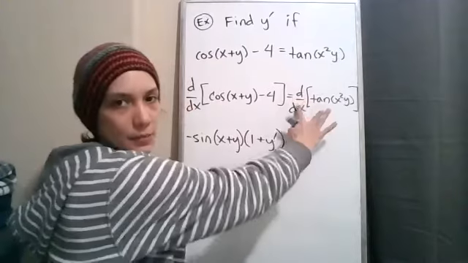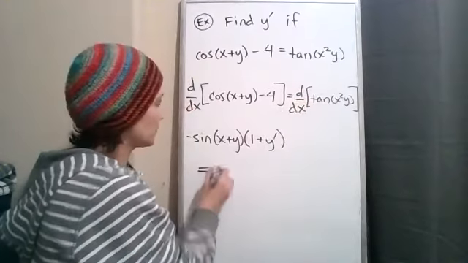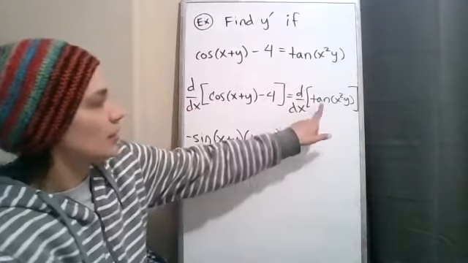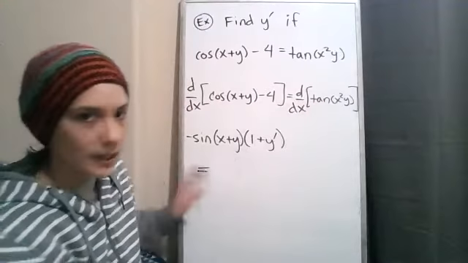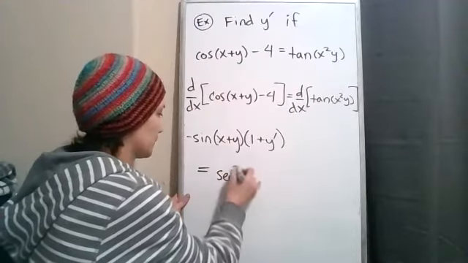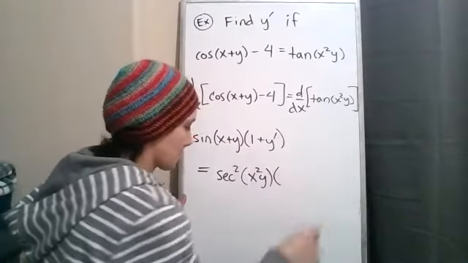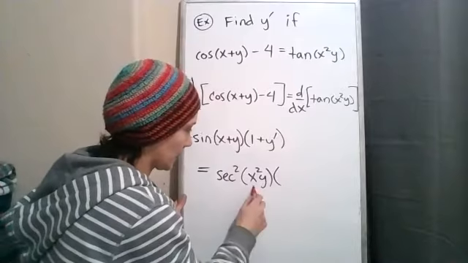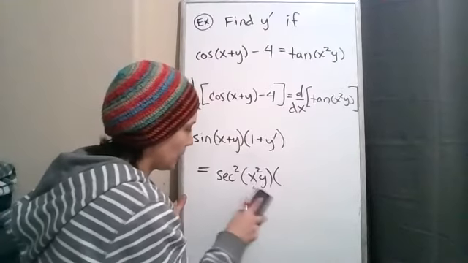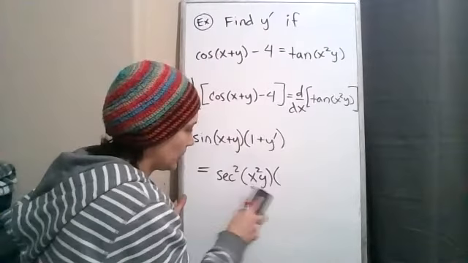so this part here, the derivative of tangent is going to be a secant squared of x squared y. And then you're doing the chain rule, so the derivative of the inside, which is going to need a product rule. Okay, let's do this. So we need to do the product rule.